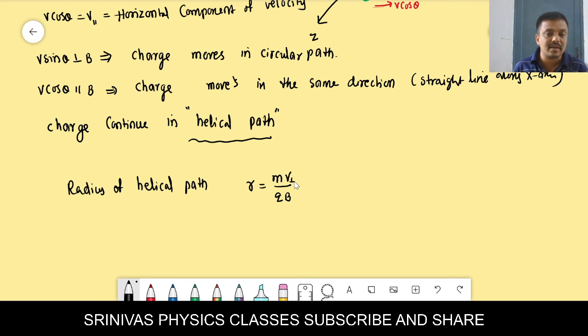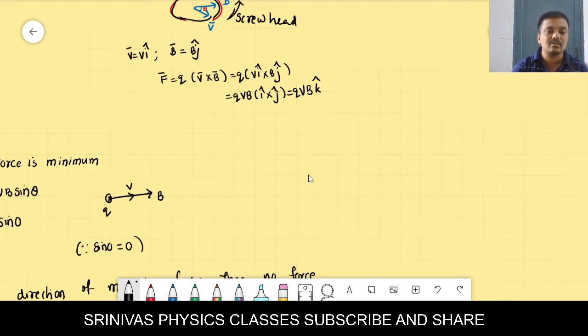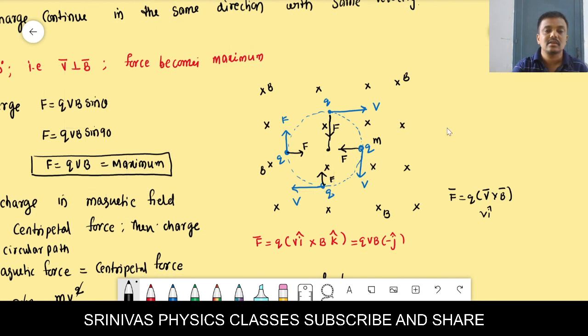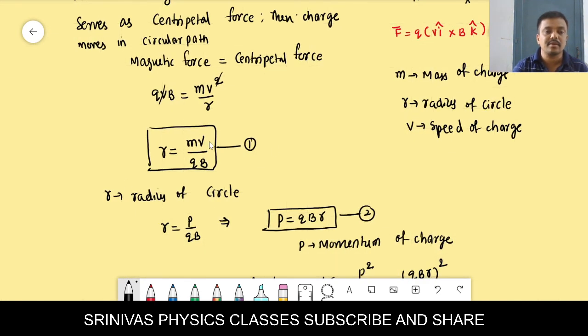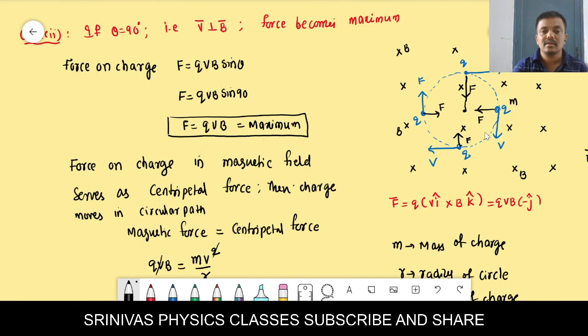Only the perpendicular component of V makes the charge move in a circular path. That's why V is replaced with V sin theta. Because previously we derived the formula, you see here, the case where the radius is mv by qB, right?